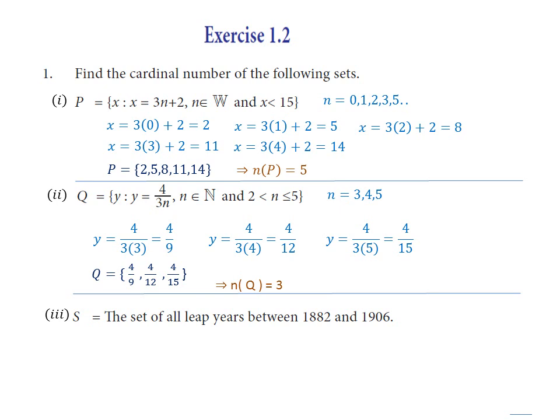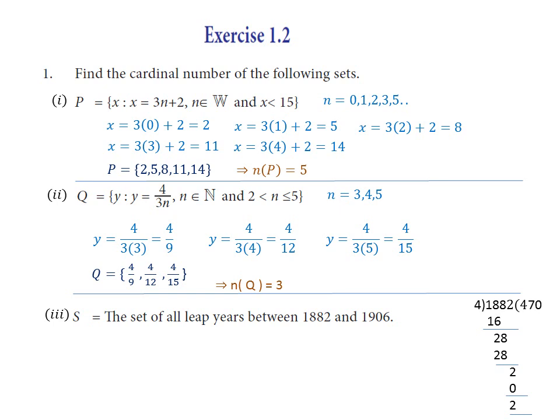Leap year means that year can be divided by 4 without leaving any remainder. Look at this. 1882 divided by 4. We will get the remainder 2.